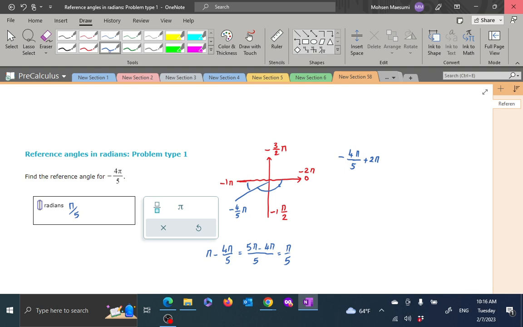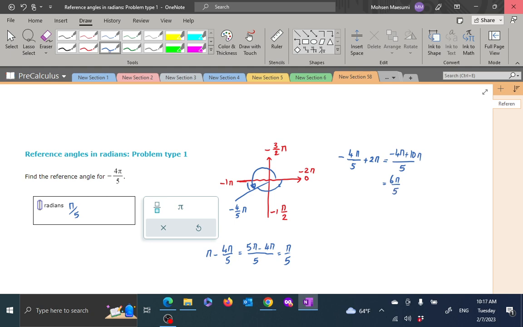So let's just add 2 pi to it to see. I take a common denominator 5. This was minus 4. Now 2 multiplies by 5 and becomes 10. So I have 6 pi over 5.